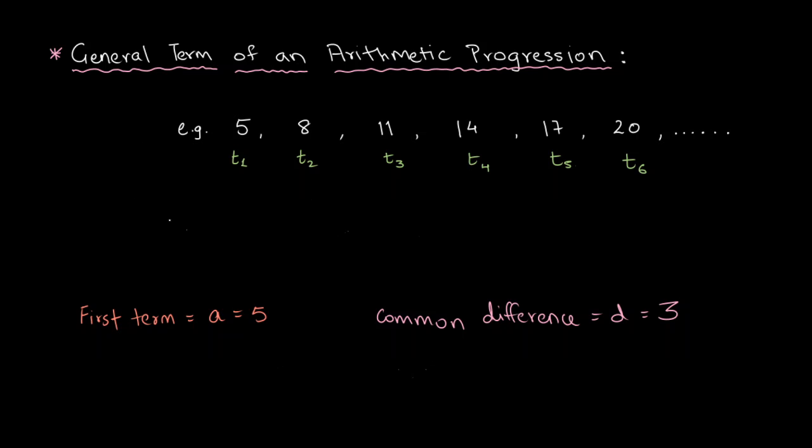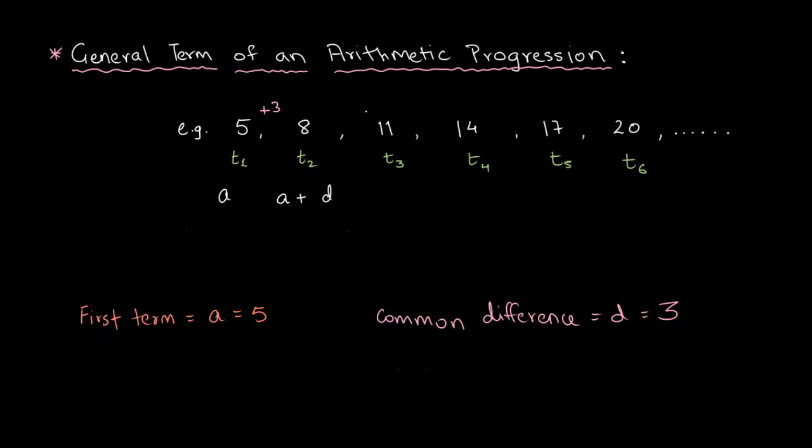Alright. Now, I wanted to bring something to your notice here. The first term is T1, which we can also denote with the variable a. If I add the common difference to the first term, I get the second term. So the second term is just the first term plus the common difference.